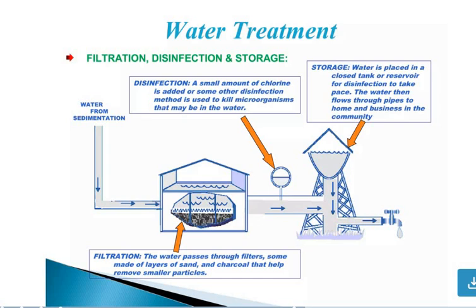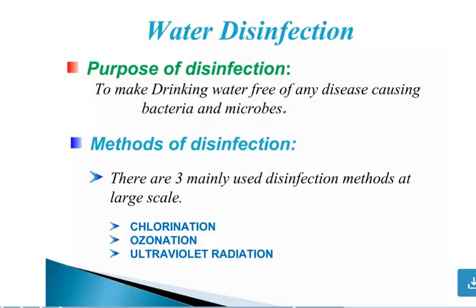And then storage. Water is placed in a closed tank or reservoir for disinfection to take place, and the water then flows through pipes to homes and businesses in the community. You can see here.